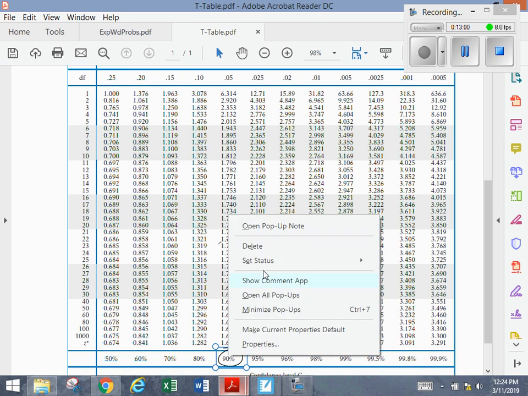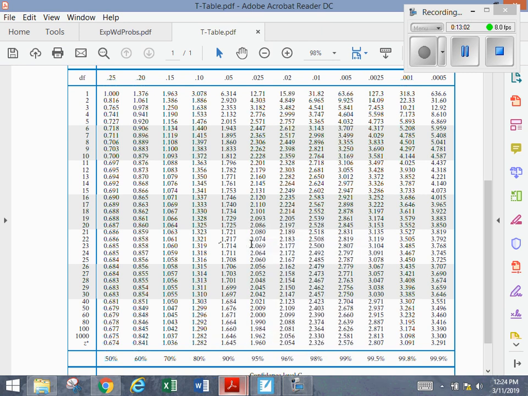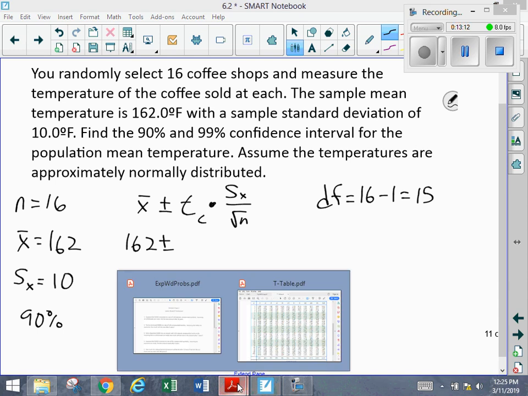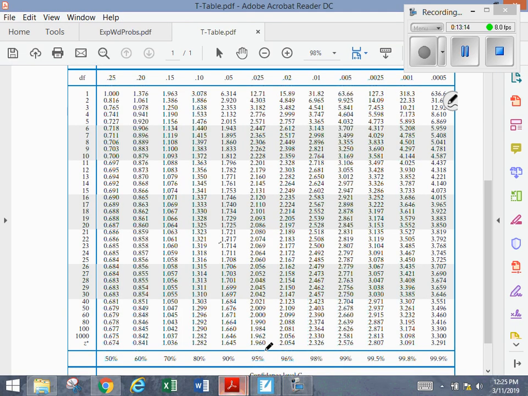So how many degrees of freedom? 15. So you have 15 degrees of freedom and a 90% confidence. So our critical value is 1.753.